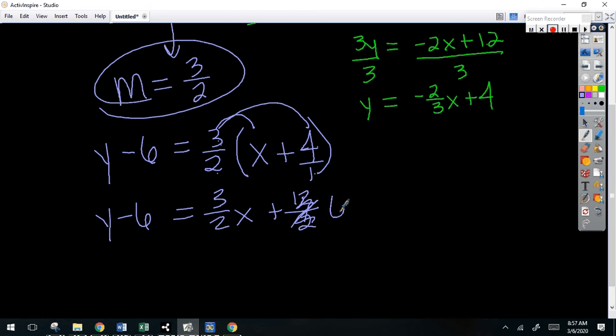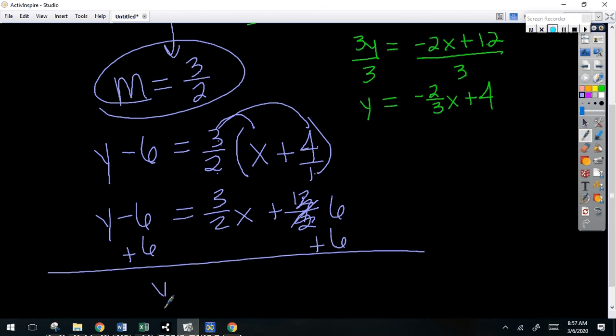I'm going to do this just so I don't have to write it another time. Now get y by itself. y equals 3 over 2x plus 6.